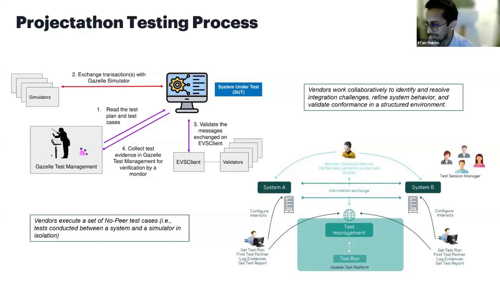And then we use Gazelle simulators to create some of those servers that folks can connect their systems to. We have a defined server ID and the right credential system set up so that you're able to connect to that as well.